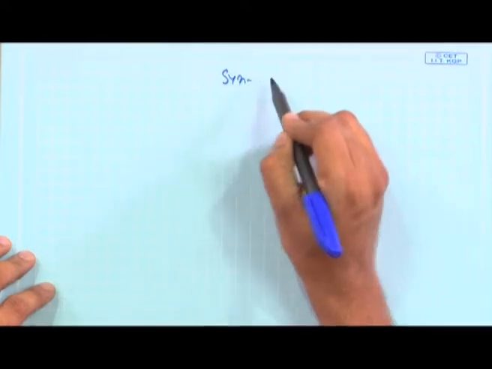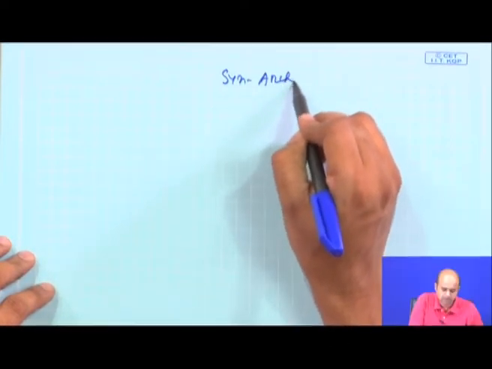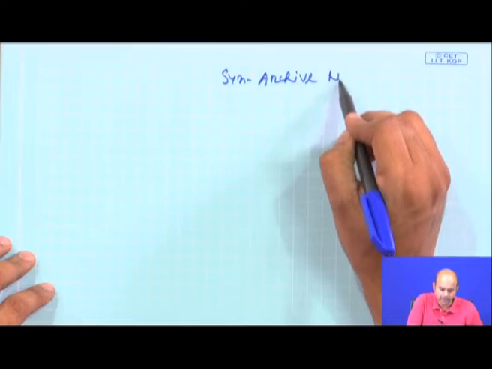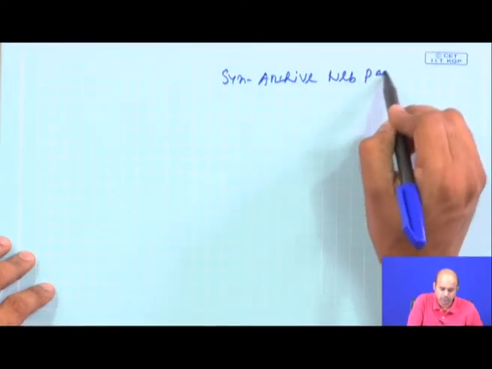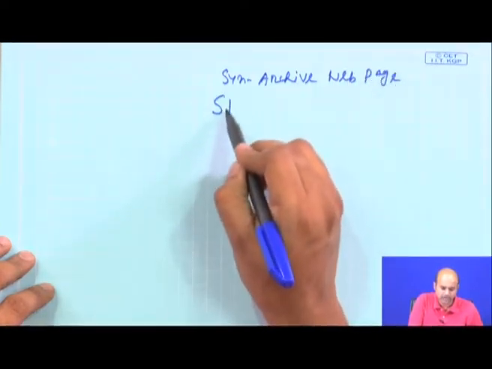So, I will urge all of you to go through the mechanism of Stetter reaction, or even just go through the Organic Chemistry portal web page to know the details of Stetter reaction.